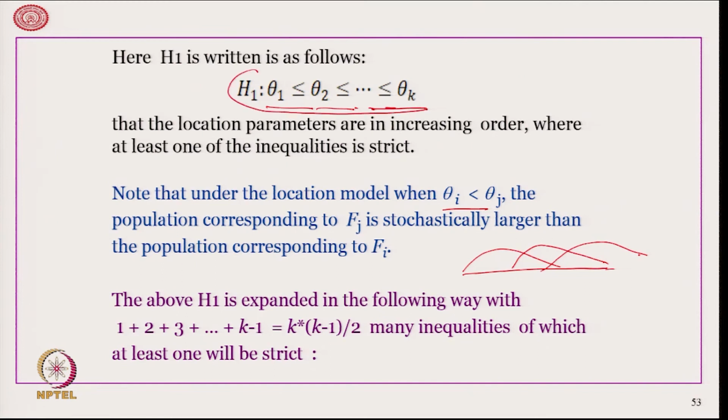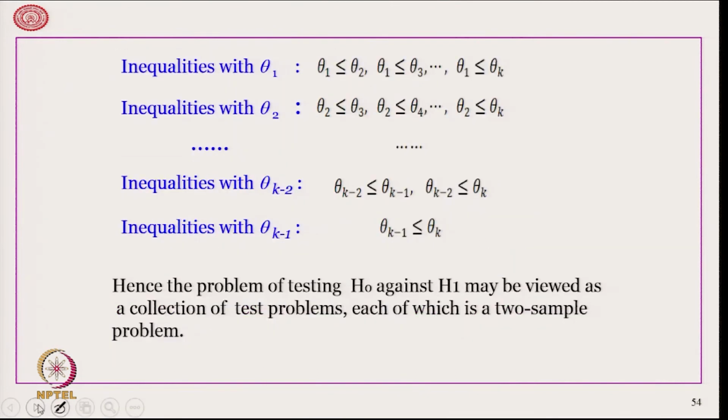Now, what we actually do is divide this alternative into k into k minus 1 by 2 many inequalities of two populations. We were doing it in the following way. We were looking at theta 1 less than or equal to theta 2, theta 1 less than or equal to theta 3, up to theta 1 less than or equal to theta k. So, these are the inequalities corresponding to theta 1.